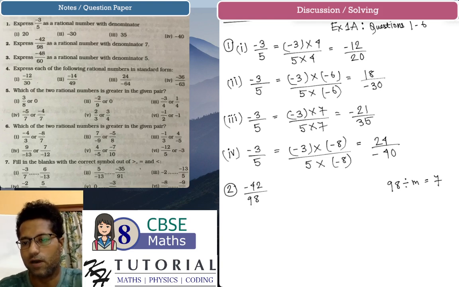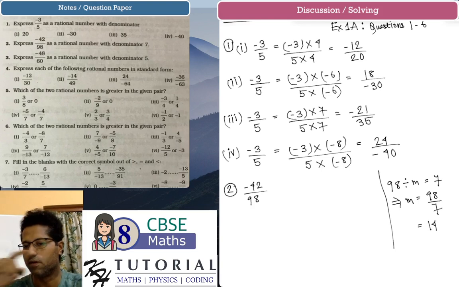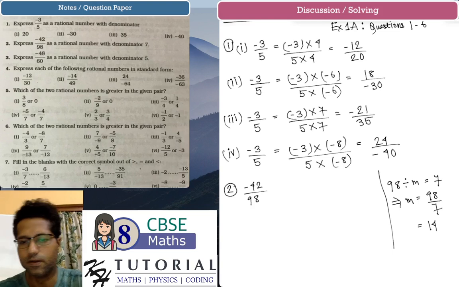Now we have to find m, that is, if I divide 98 by m, it should give 7. This is a kind of side calculation. This implies that m should be 98 by 7, which is equal to 14. So if you divide 98 by 14, we will get 7.